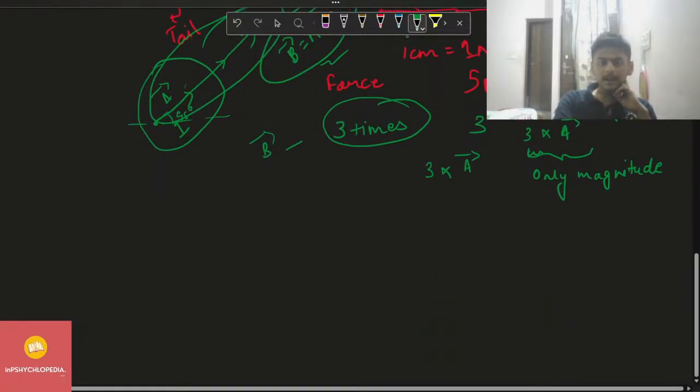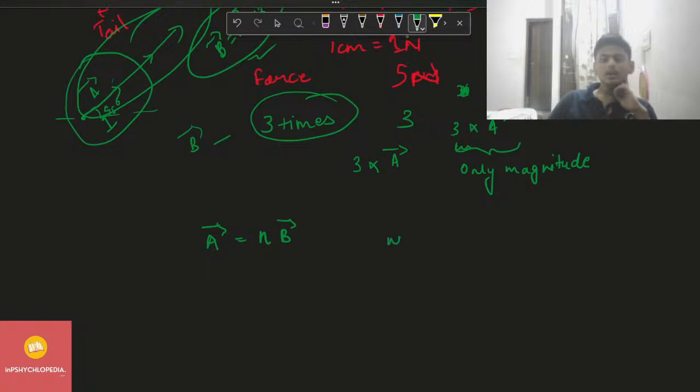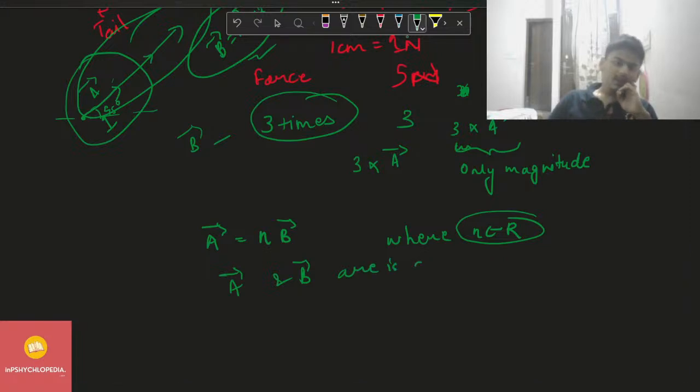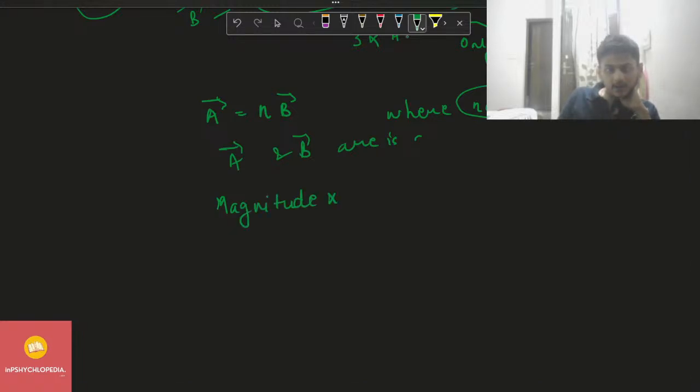If we generalize this, then if a vector is equal to n times b vector, where n is a real number, then a vector and b vector are in the same direction. Now we saw that we have to multiply the magnitude into the vector having magnitude 1. Vectors having magnitude 1 have only direction.